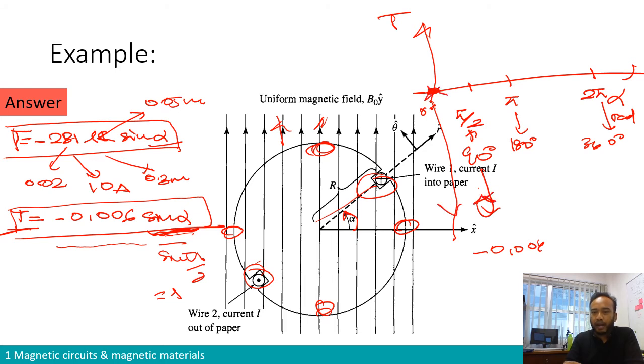Then if you go to pi, which is in this direction, half of the rotation, alpha equals 180 degrees, therefore sin alpha becomes 0, so you'll be over here in terms of torque. And if you go to 3/4 pi, then your torque is at the maximum on the other side, because you have a minus sign and sin equals minus 1, so minus becomes positive, 0.006 over here.